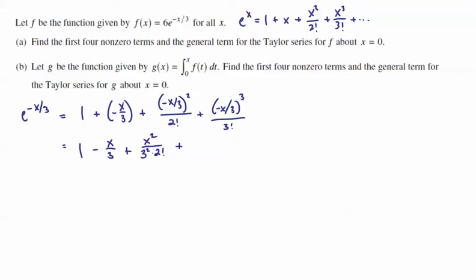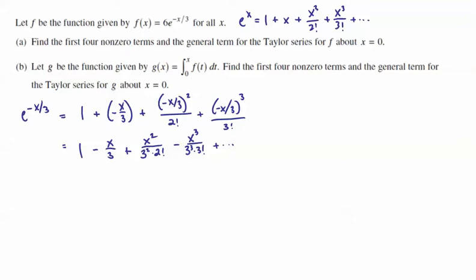Then this one will be minus. We'll get x to the third over 3 to the third times 3 factorial. And it will go on like that.